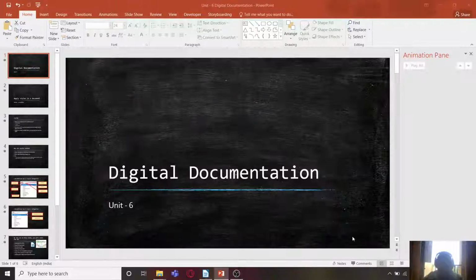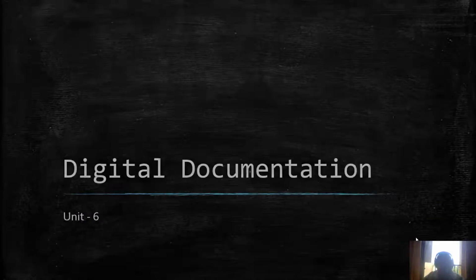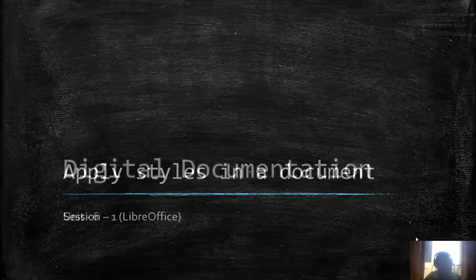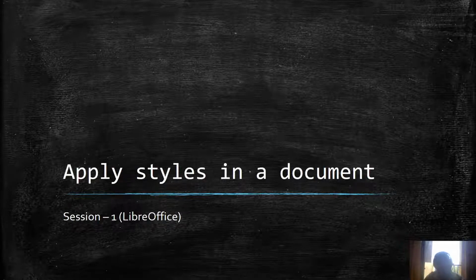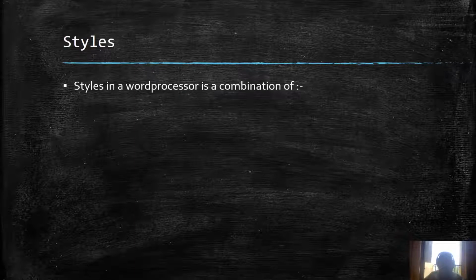So let us see what we are going to study today. In digital documentation, we are going to start with applying styles in a document. So when it comes to styles, what are styles?